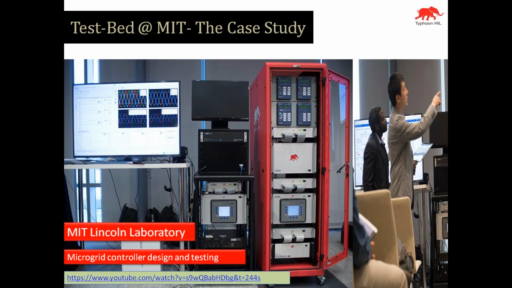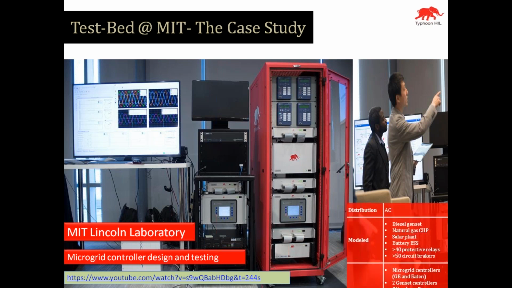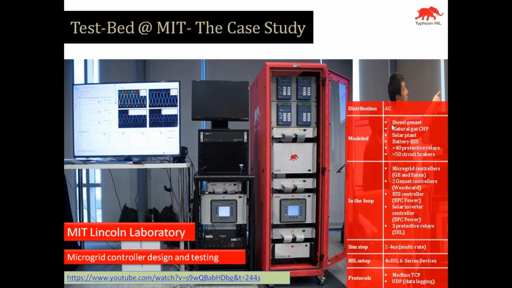This is one of the case studies for the microgrid test bed at the Massachusetts Institute of Technology, at the Lincoln Laboratory, where the microgrid controller design has been done and tested. Here you can see what they used: the diesel genset, natural gas CHP, solar plant, battery energy storage inverter controller, the microgrid controller GE18, and two genset controllers, the diesel genset controllers from Woodward, and a solar inverter controller.